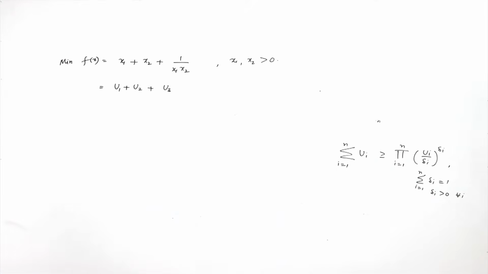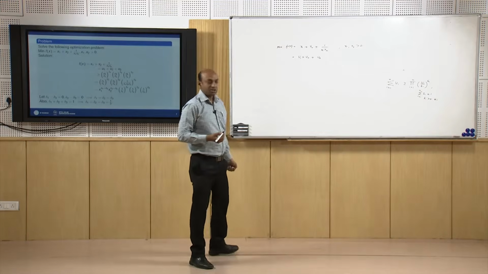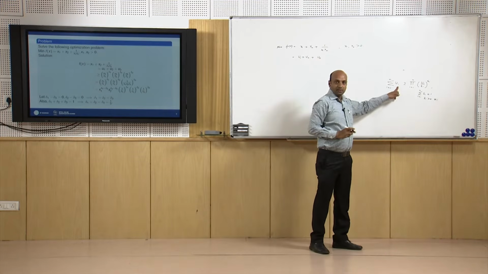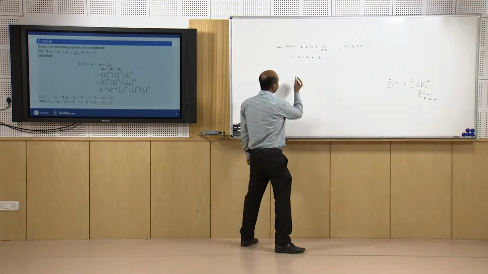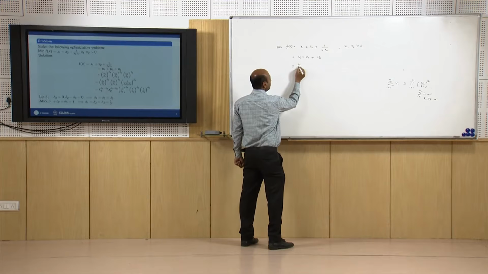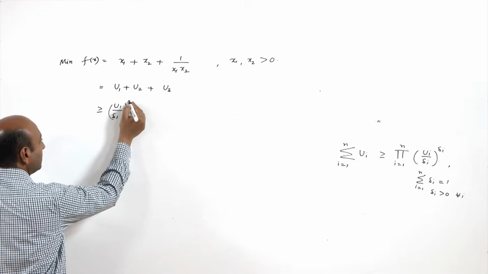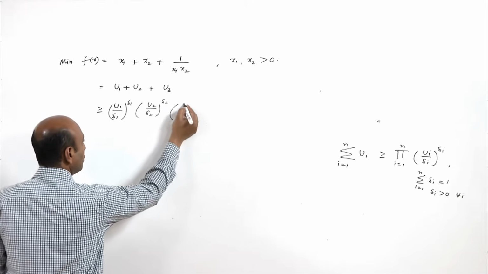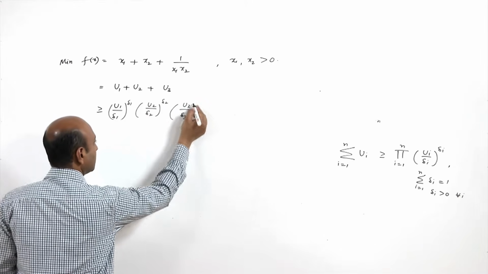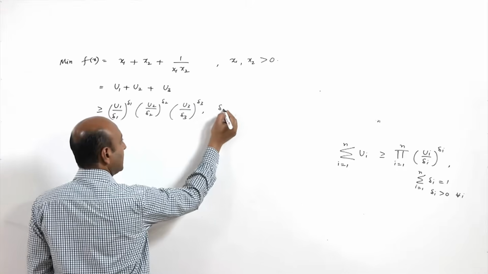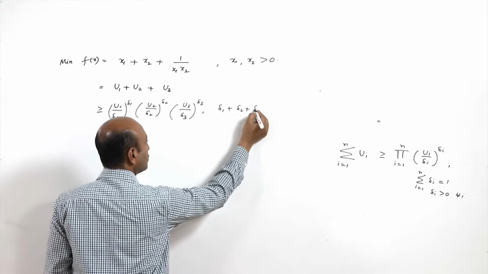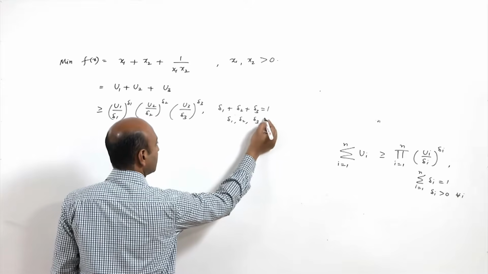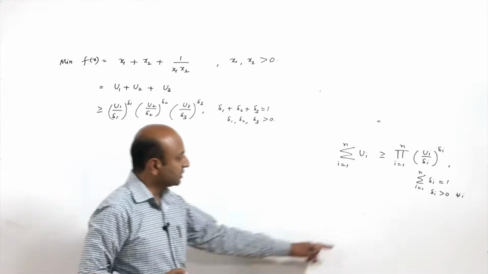So, we will try to apply this inequality in this expression. So, u1 plus u2 plus u3, that is the sum of ui's, is greater than or equal to u1 upon delta 1 raised to power delta 1, u2 upon delta 2 raised to power delta 2, u3 upon delta 3 raised to power delta 3, such that delta 1 plus delta 2 plus delta 3 is equal to 1, and delta 1, delta 2, delta 3 are strictly greater than 0 by this condition.